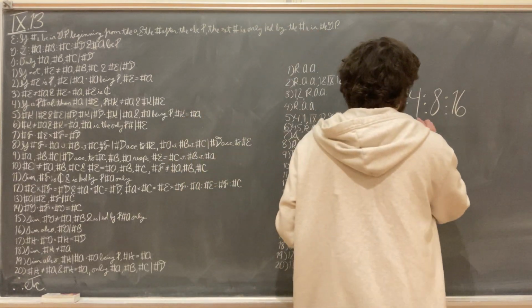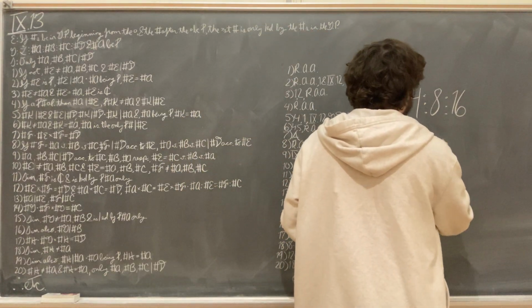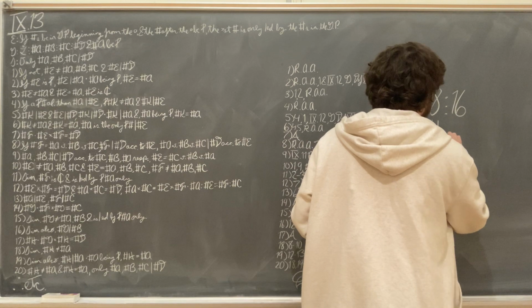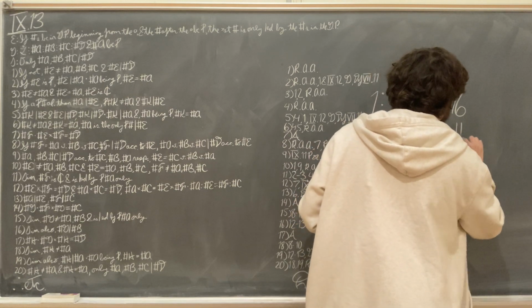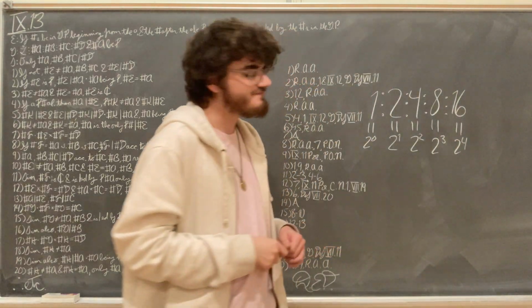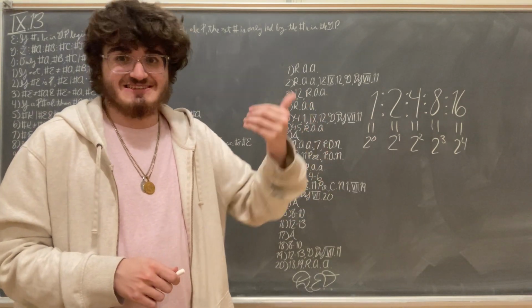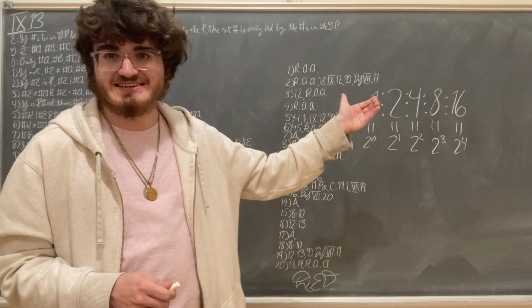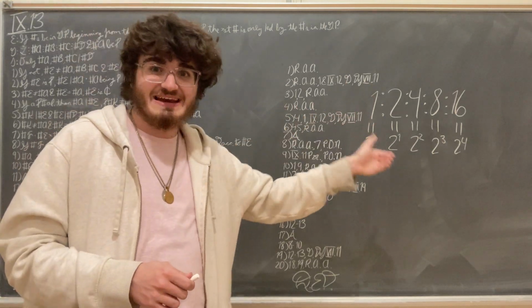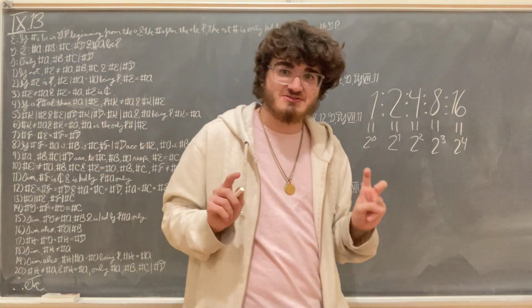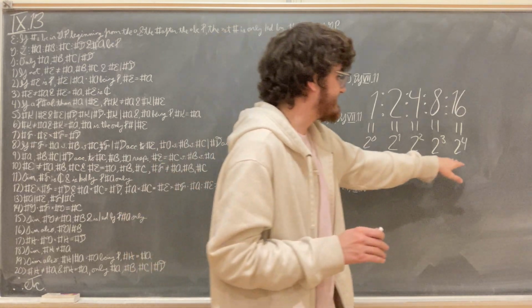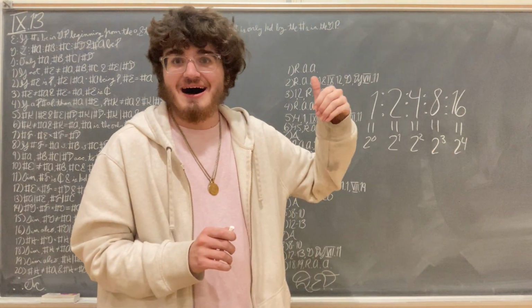So you know that 2 is just 2 to the power of 1, 4 is 2 squared, 8 is 2 cubed, and 16 is 2 to the 4th. You can continue that forever. And if you know this, then it seems fairly obvious that the number 16 is only measured by 2, 4, and 8, because its prime factorization, we would say, is just a bunch of 2's.